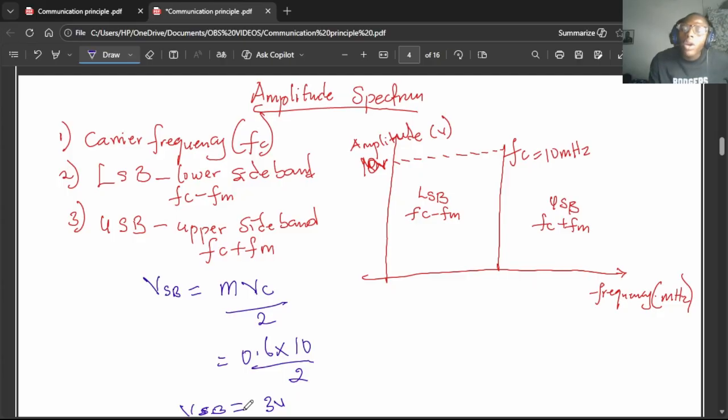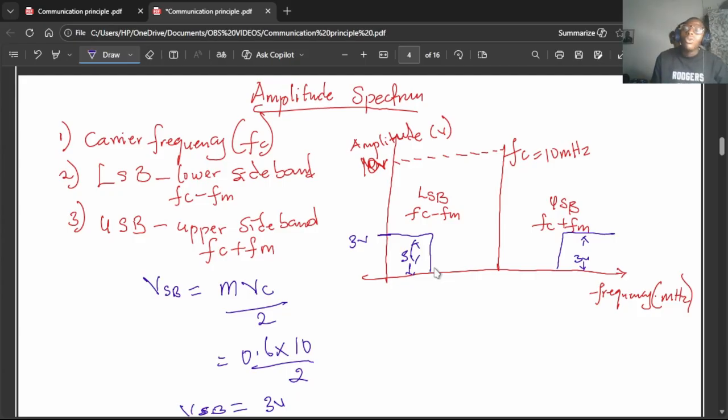If you want to represent this in your graph, let's say this is your 3 volts here. So from here down to this point, and from this point down to this point, will act as your 3 volts. So you've actually calculated the amplitude of both sidebands. Am I communicating?